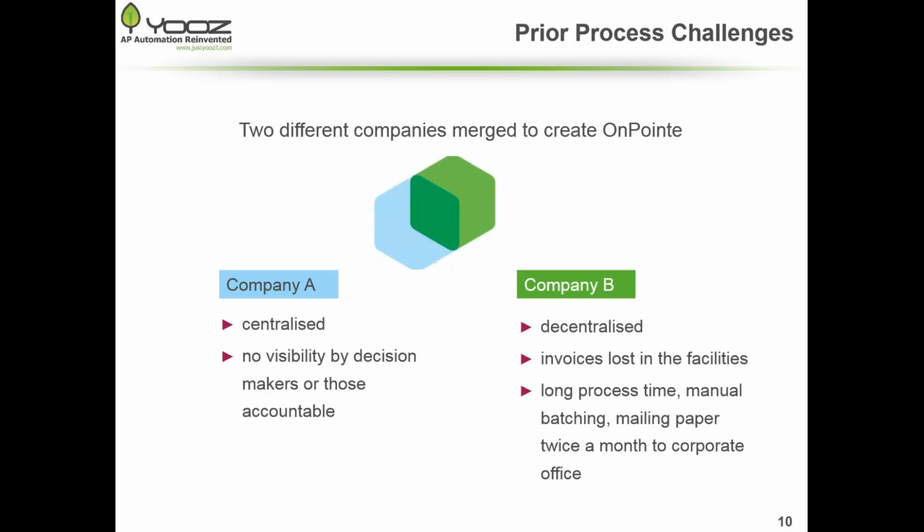Company A were receiving and dealing with the invoices, but the people who had requested those invoices or made those decisions didn't have the ability to see them, because the decision makers were all in different areas and just didn't have access to those invoices.